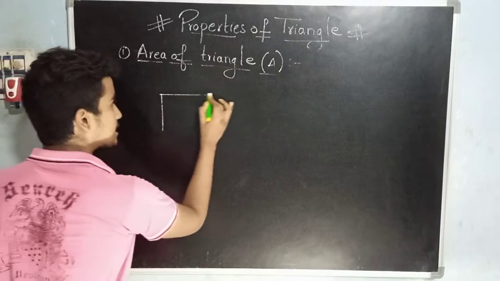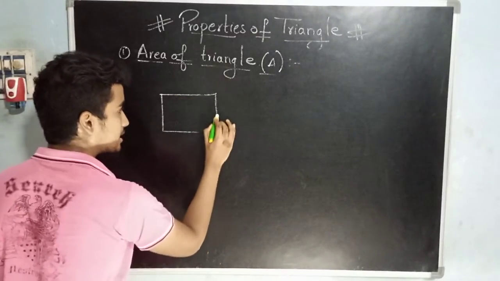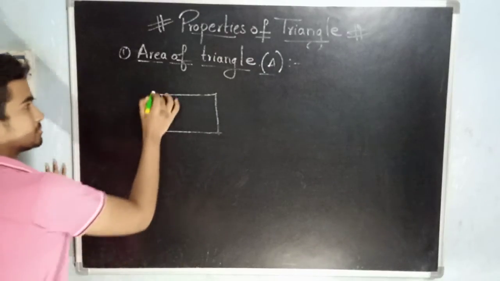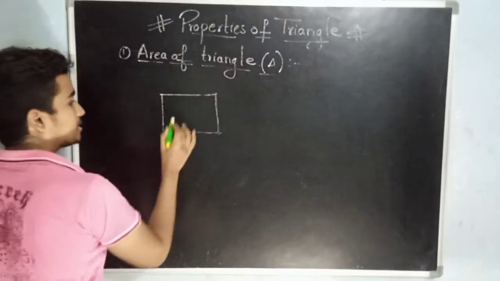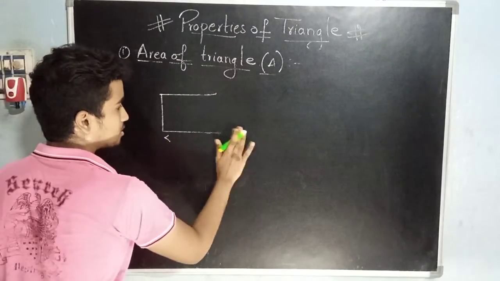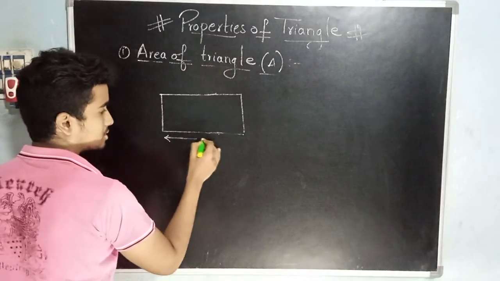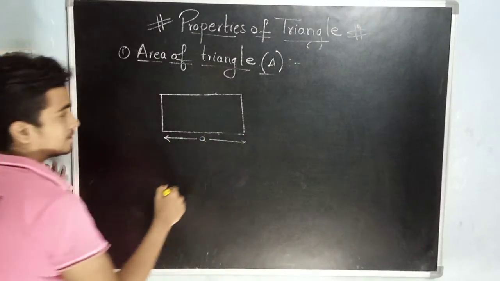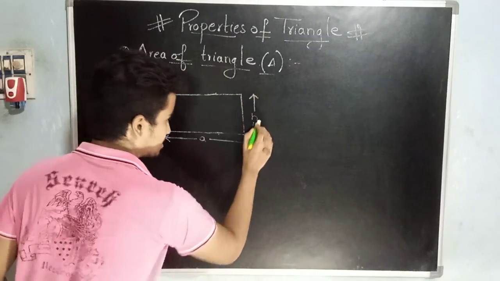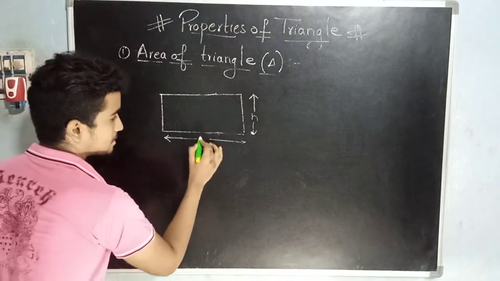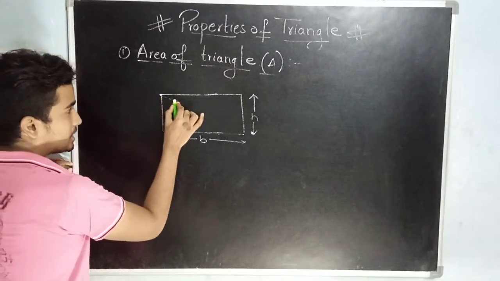Let me consider a rectangle, a four-sided polygon, whose base is a and height is h. What I will do is draw a diagonal.